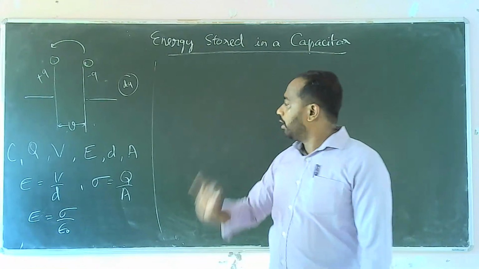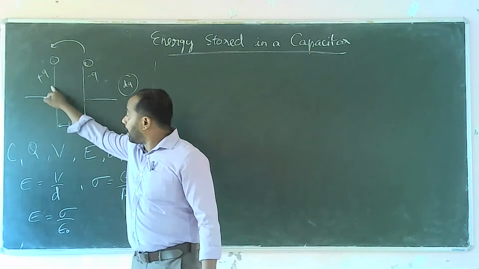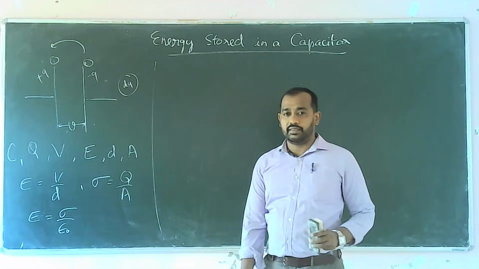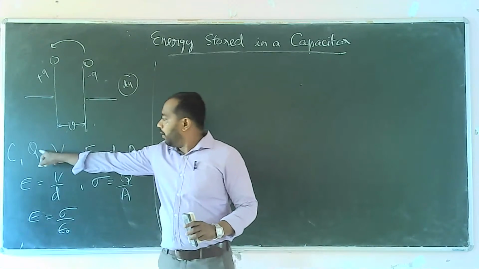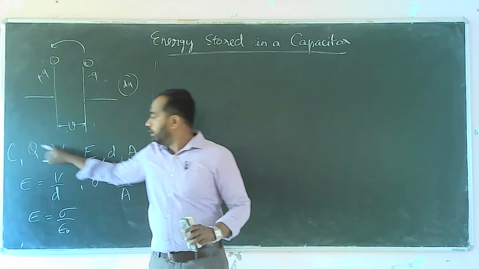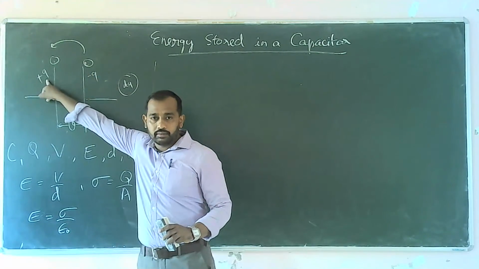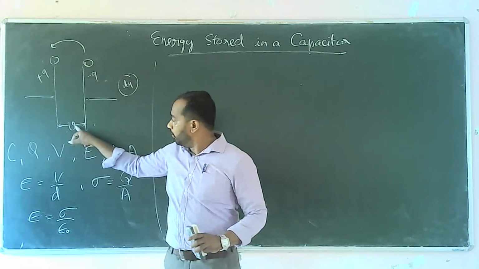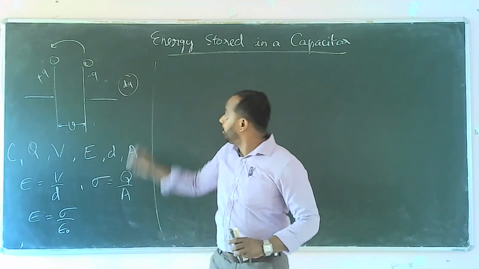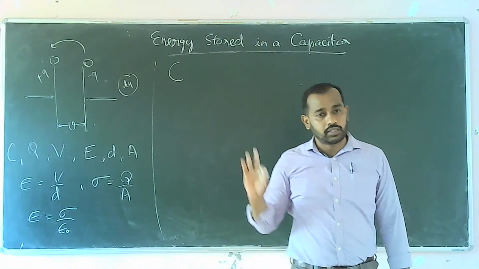Now, how can we represent the capacitance of the capacitor in this case? When Q is capital, V is capital, and C is also capital. When Q is small, not a maximum value, V is also small, but the capacitance is still represented as capital C itself, because it is a constant.